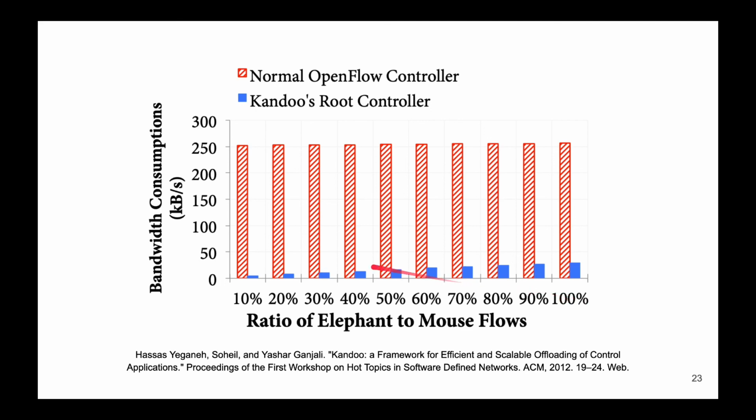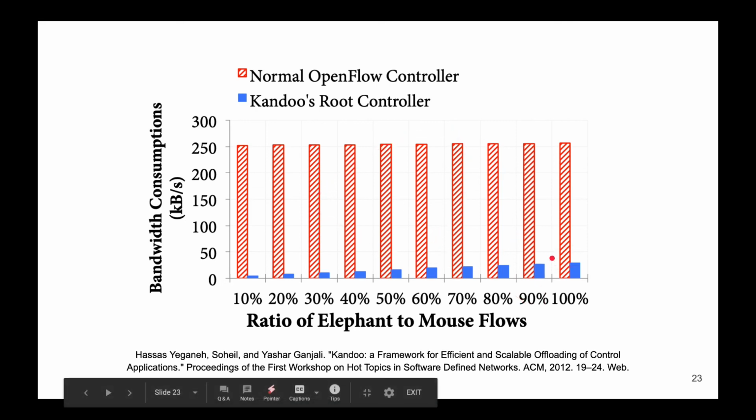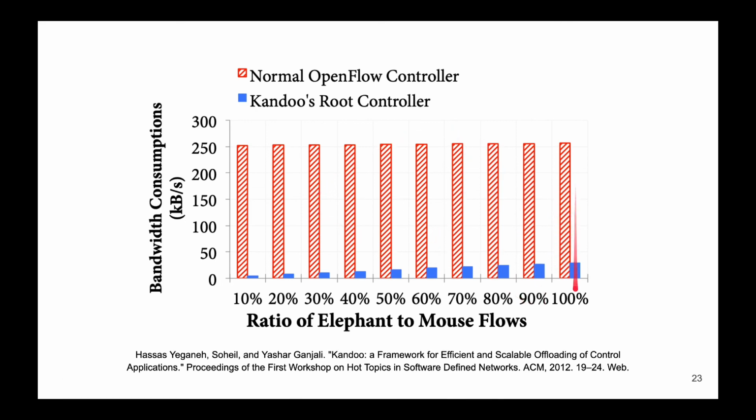The root controller is set up to be triggered only when an elephant flow is detected in the local controller, and the event is pushed to the root controller to install new flow entries on all switches for the detected elephant flow. As a result, as you can see on the graph, the KANDOO root controller has way less traffic than a normal OpenFlow controller.